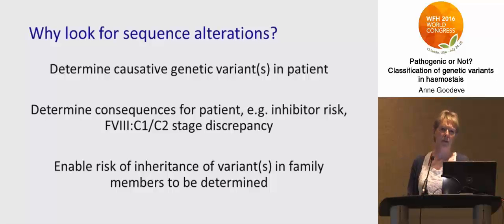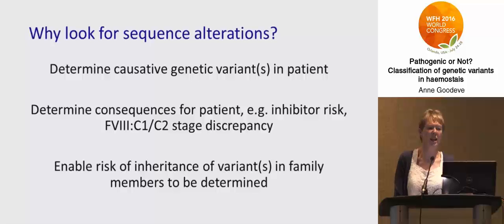Because many labs will only do one of the factor VIII activity assays, they may not realise that there's a discrepancy between those two, but we know that there's a number of variants that have been identified with that discrepancy. So through genetic analysis, we can predict that that will be present.